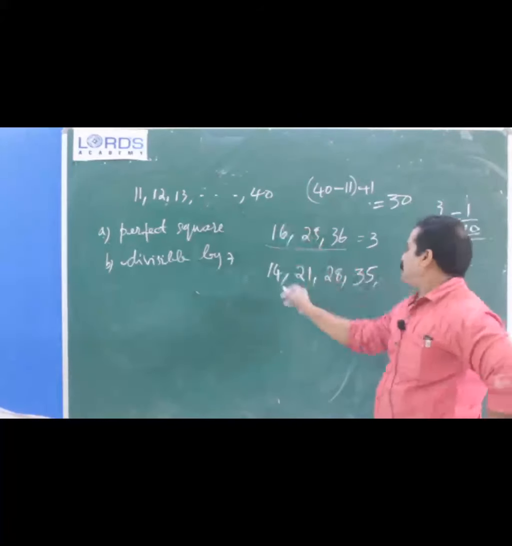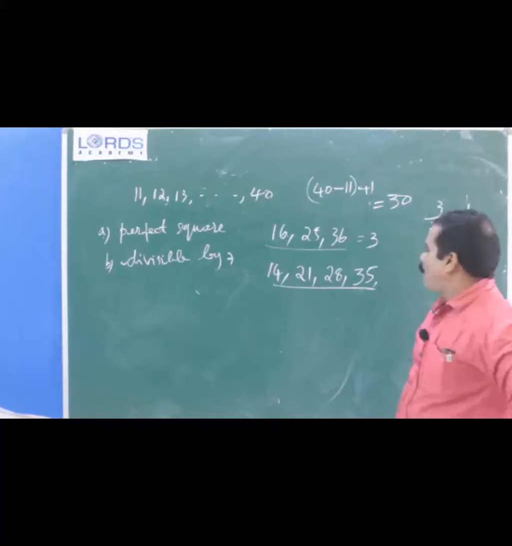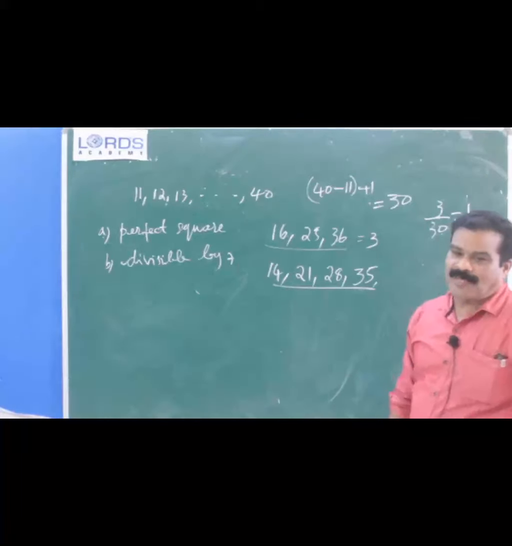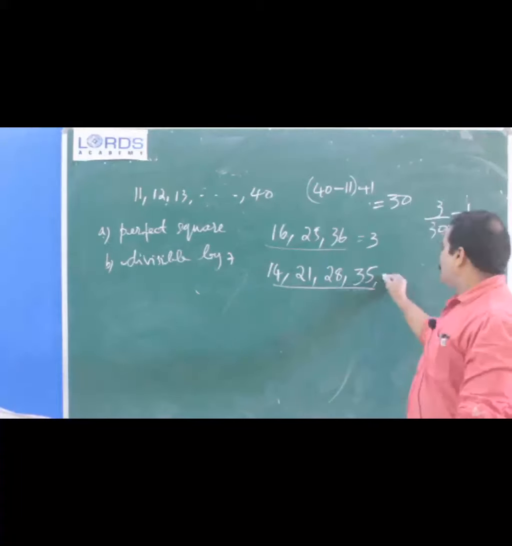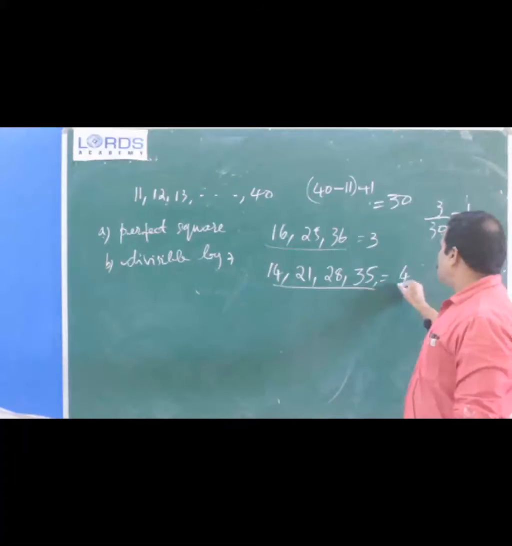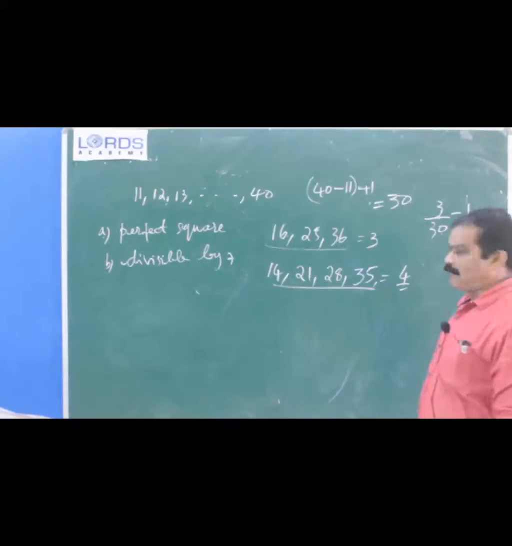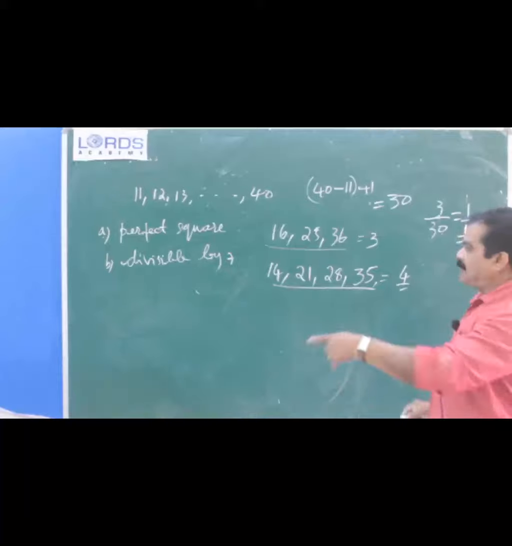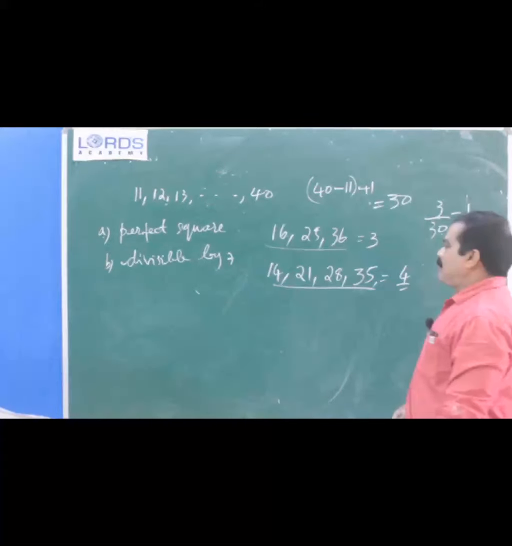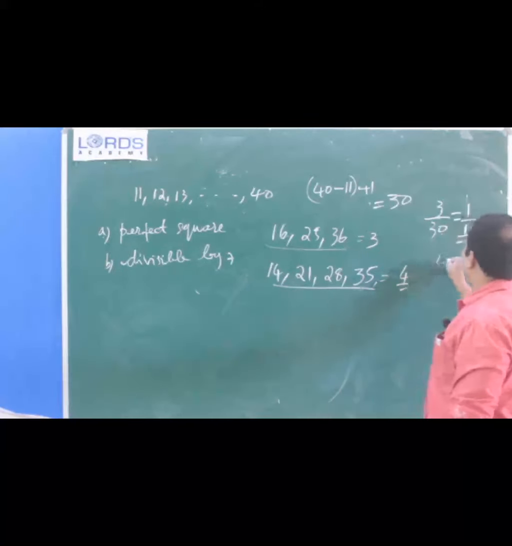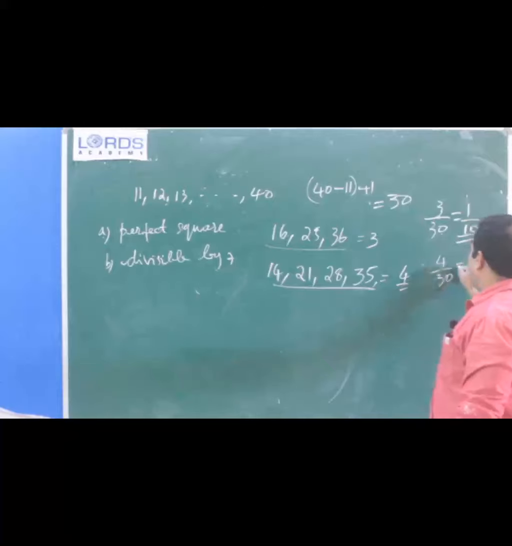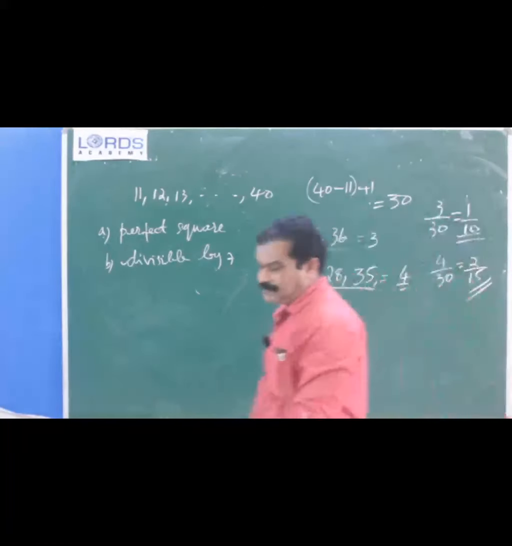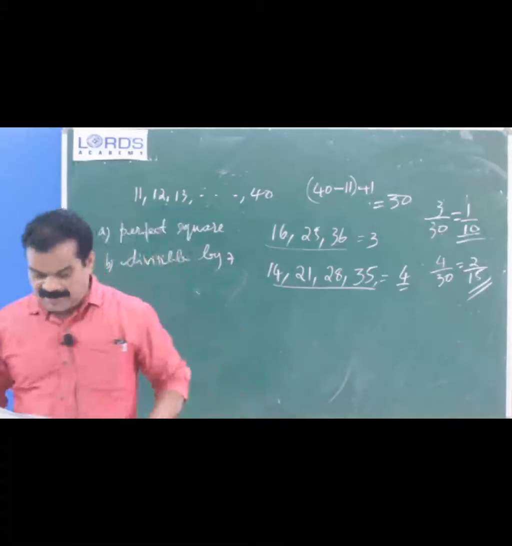That will exceed. So you will get 4 multiples there. Okay? So the number of favorable cases is 4. Therefore, the probability of getting a number divisible by 7 in this case is 4 by 30, that is 2 by 15. Okay.